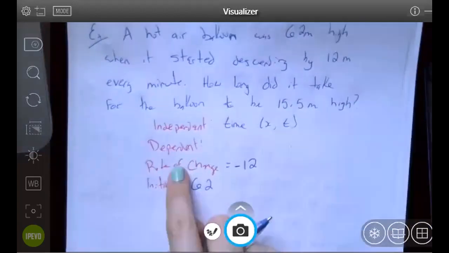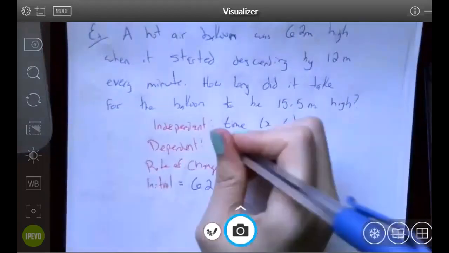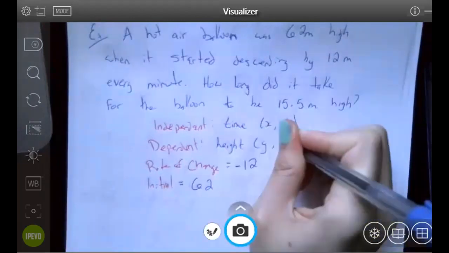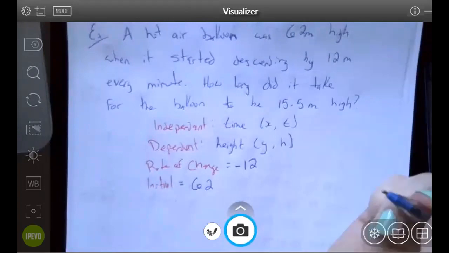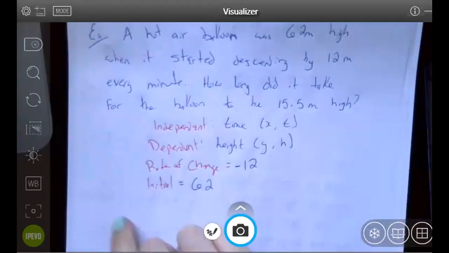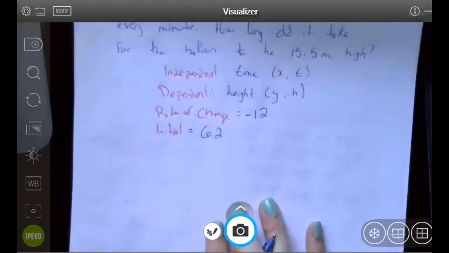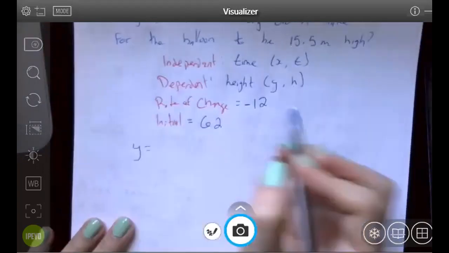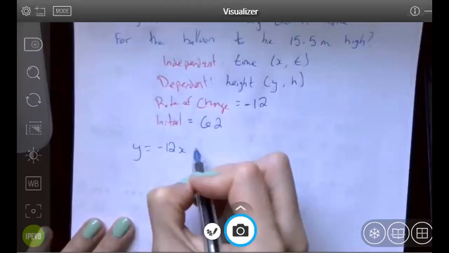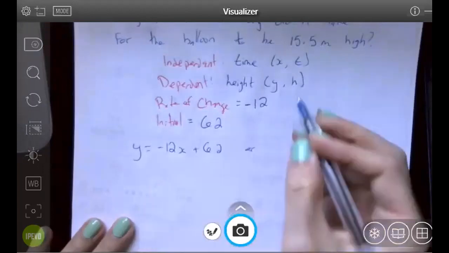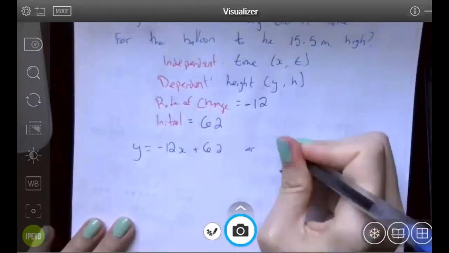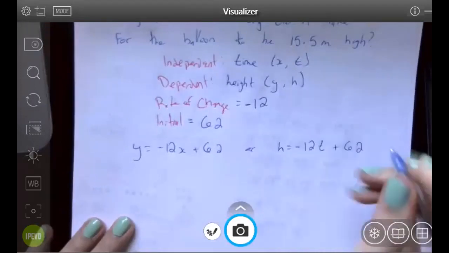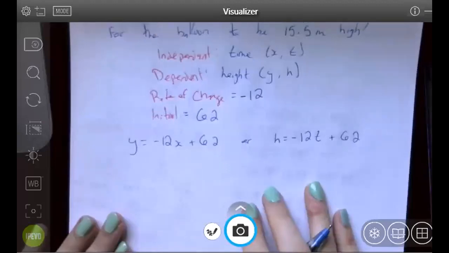And then our dependent variable is going to be the height of the balloon, which you can call Y or H or whatever you want. So now that we know that, we can write our equation. So you can write it as Y equals negative 12x plus 62, or maybe H equals negative 12t plus 62, whichever one you would rather.